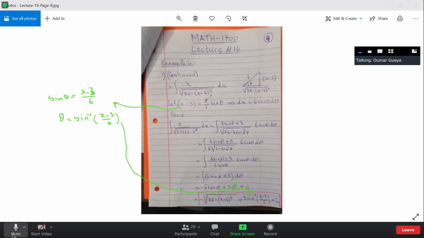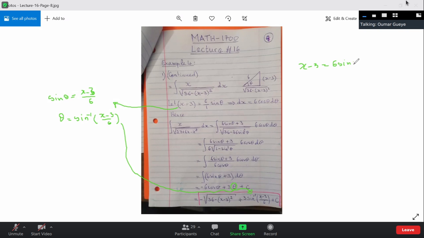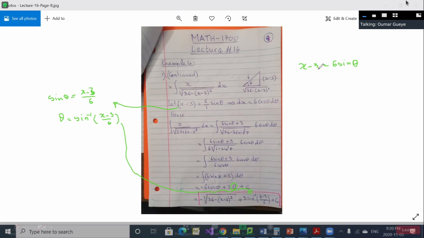Okay, so it's just obtained from this substitution here. We have x minus 3 is equal to 6 sine of theta. Now I need to isolate my x, so it means x is equal to 6 sine of theta plus 3, right?